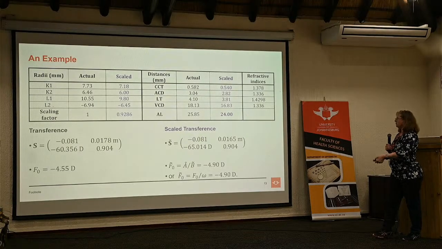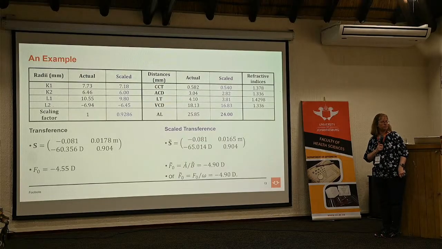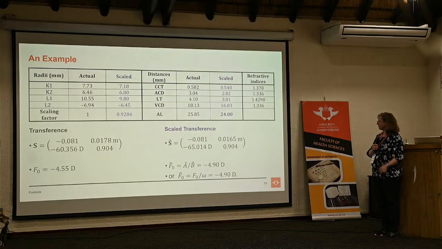Okay. Here is the transference of the original eye. Here is the scaled transference. So A and D stay the same. B is a little bit shorter, and C goes from -60 to -65. Okay, so there's a bit of scaling going on there. Our corneal plane refractive error is minus 4.55.